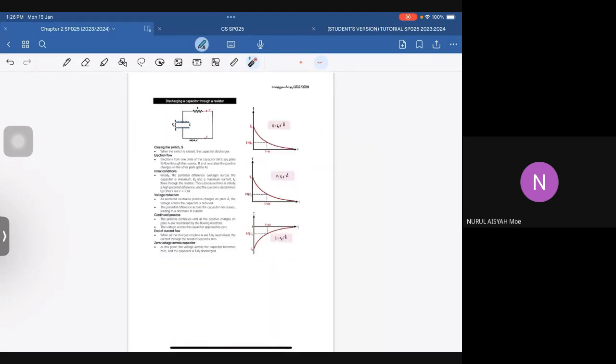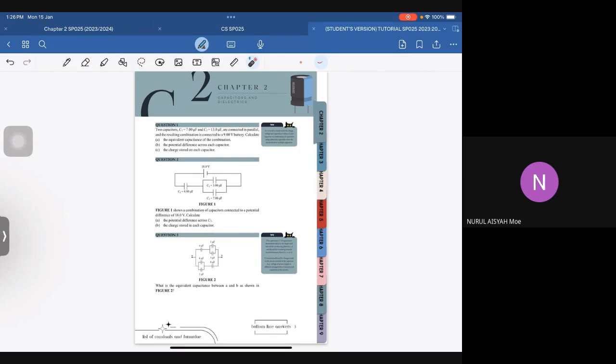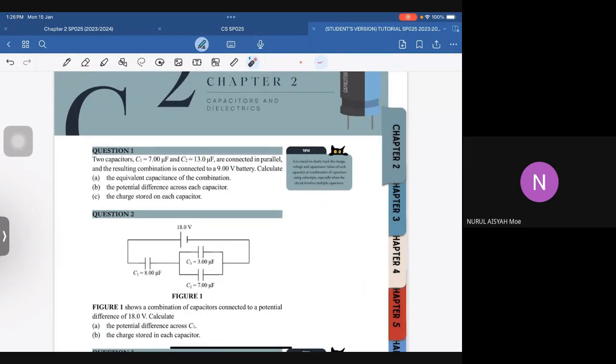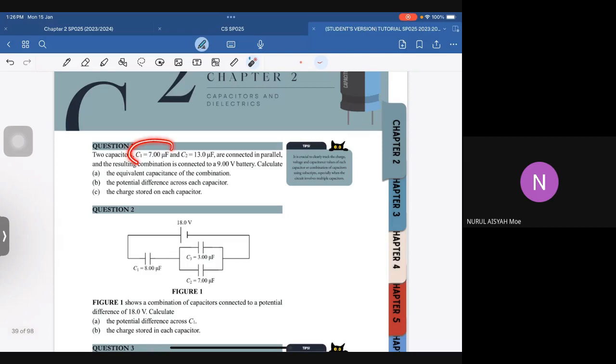So subtopic ni short, tapi some of the solution adalah panjang sikit. Okay, so sekarang kita tengoklah tutorial question. So the first question, we have two capacitors, C1 and C2. So this is 7 microfarad, this one is 13 microfarad. So dorang ni connected in parallel.